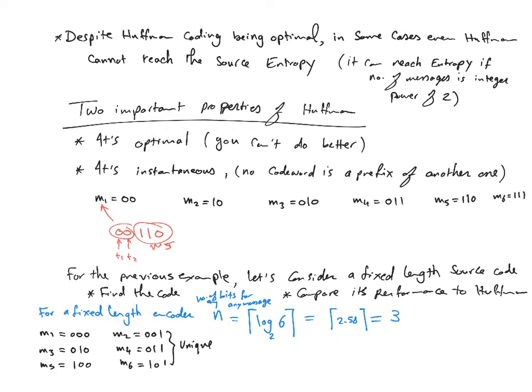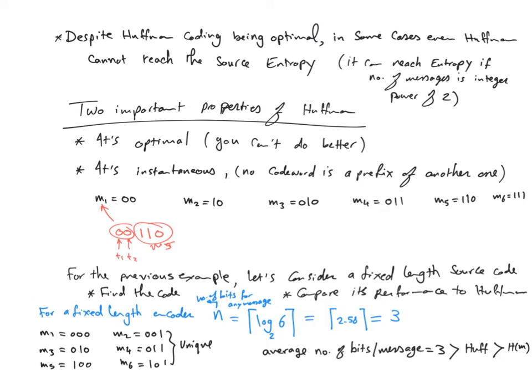The second part is compare the performance to the Huffman. What's the average number of bits in the case of fixed length? 3. 3, right? So here the average number of bits per message is equal to 3, which is greater than the Huffman, which was greater than H of M, right?